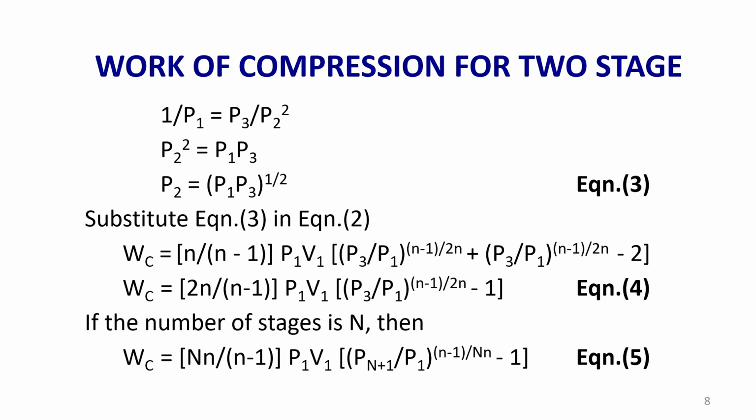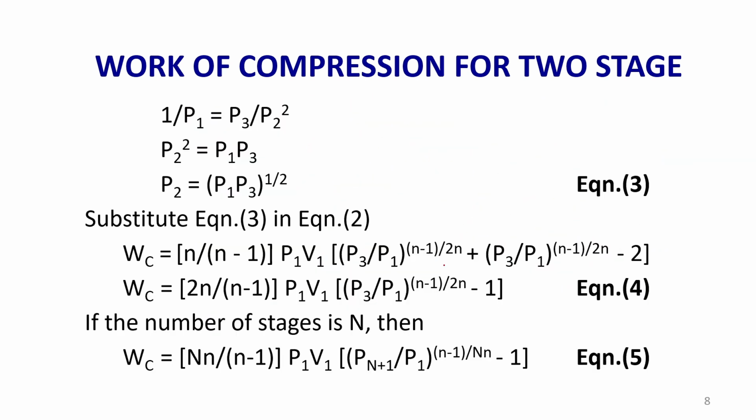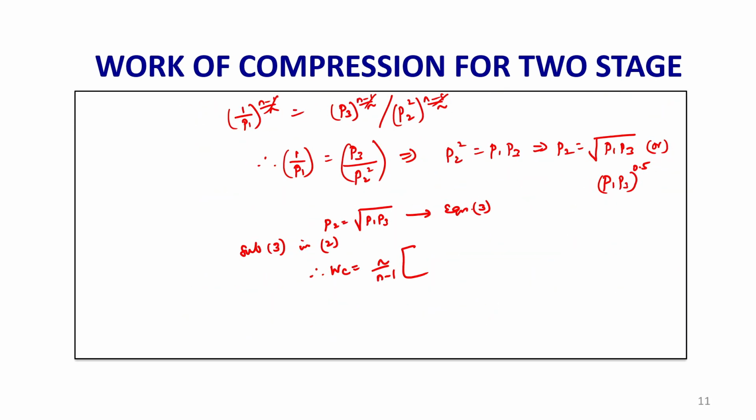So, after substituting equation 3 into equation 2, let me write straight away the equation number 4 due to time constraint. So, WC is equal to n by n minus 1 into P1 V1 into P3 by P1, P1 V1 into P3 by P1.